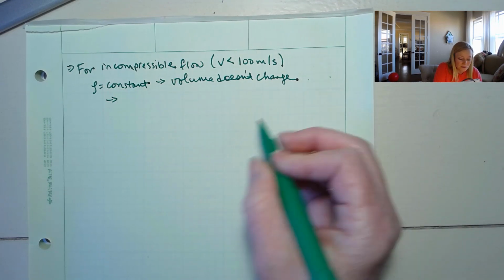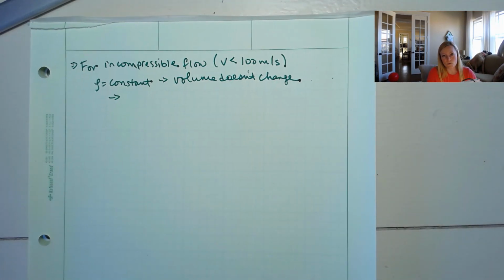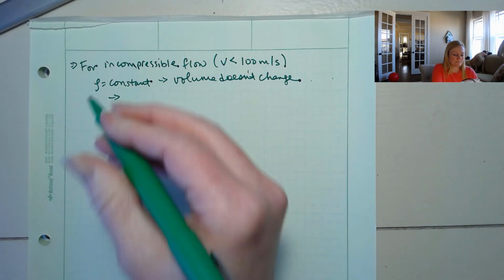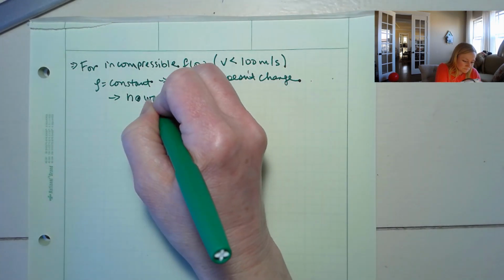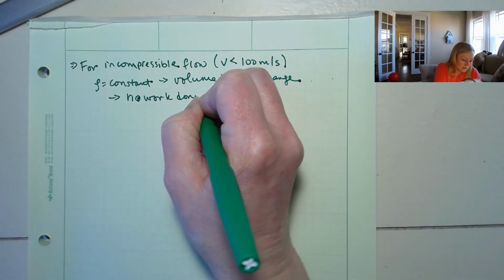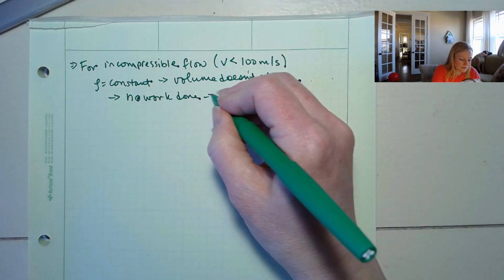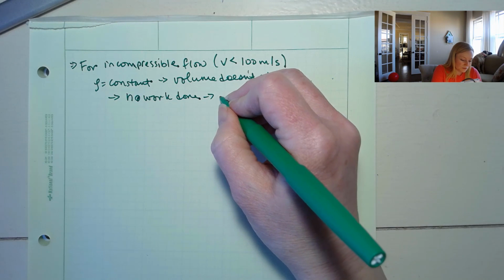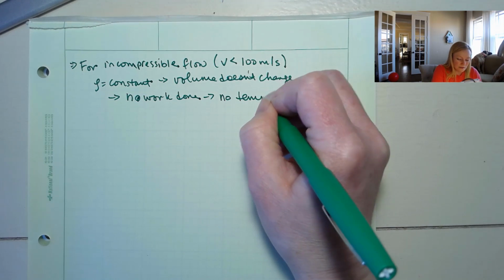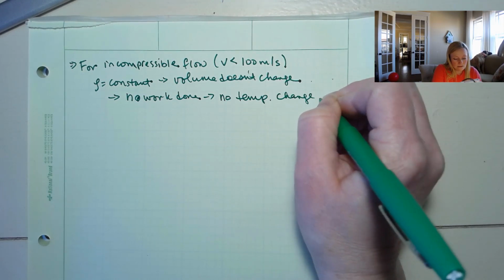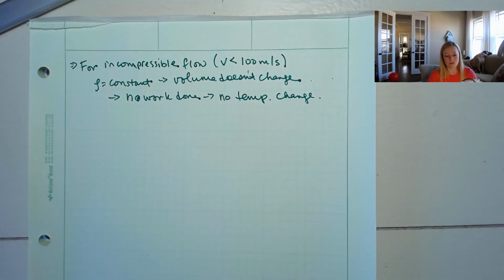If volume doesn't change, what does it tell us about work? There's no work done, right? And if there's no work done, your internal energies are not going to produce a temperature change. So we're not going to have a temperature change. Okay? So that's kind of the difference between compressible flow and incompressible flow.